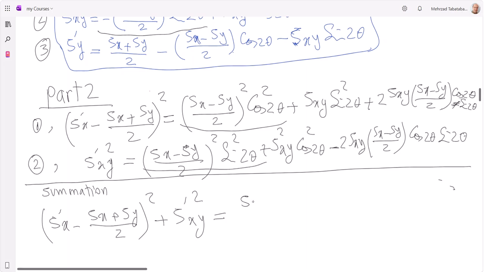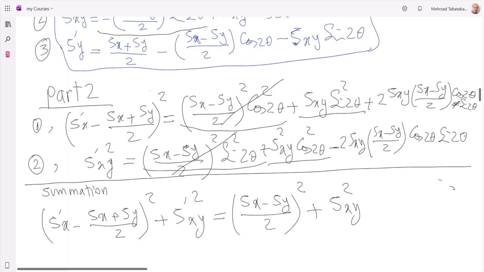Therefore, I will get (sx minus sy divided by 2) squared. Similarly, for this term and this term, I will get sxy squared, because if you factor out sxy squared, sine squared 2 theta plus cosine squared 2 theta becomes 1. So this is taken care of, and these two simply cancel out. So this is what I get.